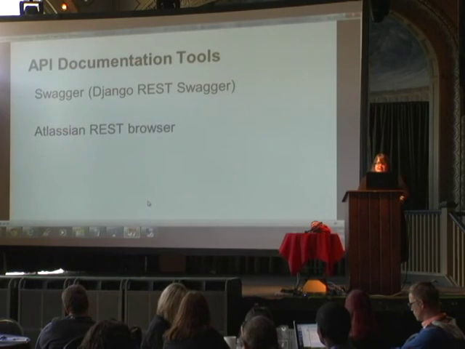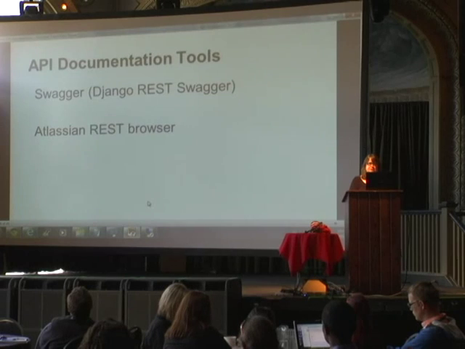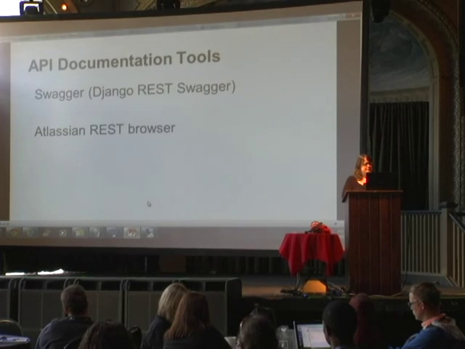Now, one thing I found really helpful was that our development team decided to use the Django REST framework for developing one of the APIs. We had both a REST API and an RPC over HTTP API.